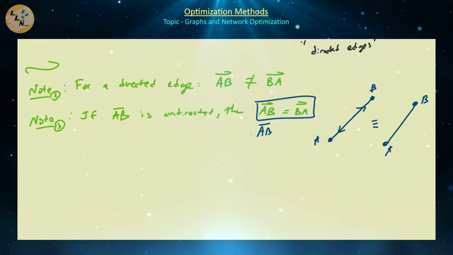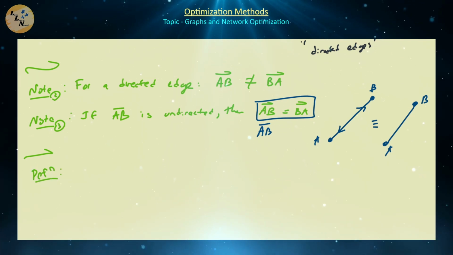There's one more definition that I want to introduce. There are several other graph theoretical concepts that one would explore in graph theory, but I just want to define this last one.